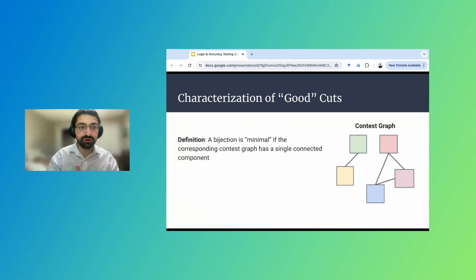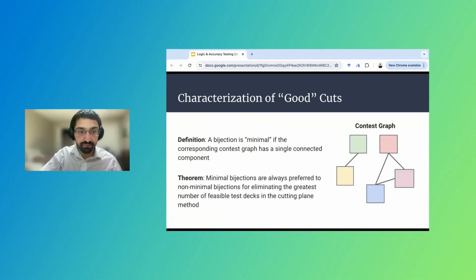Now, I'm going to introduce a definition. We are going to say that a bijection is minimal if the corresponding contest graph has a single connected component. So here, this contest graph is clearly not minimal because it has 2 connected components. And here is our theorem stated informally.